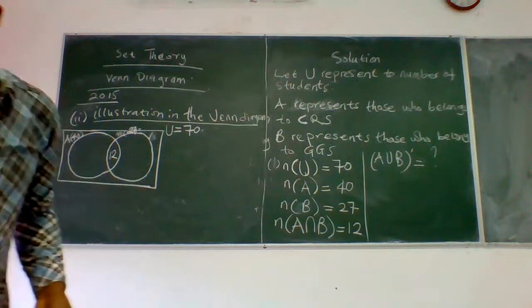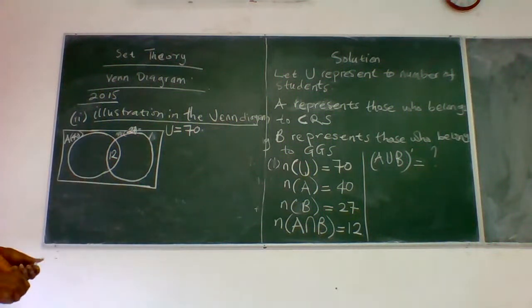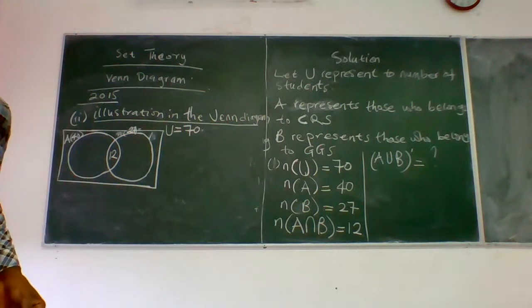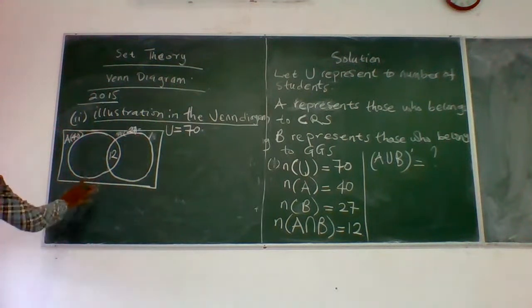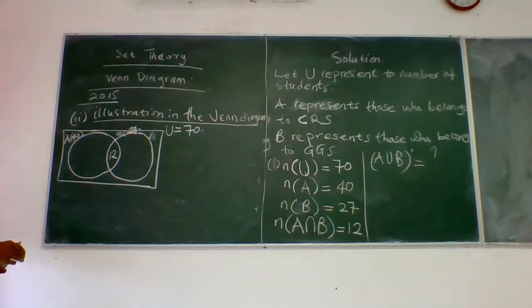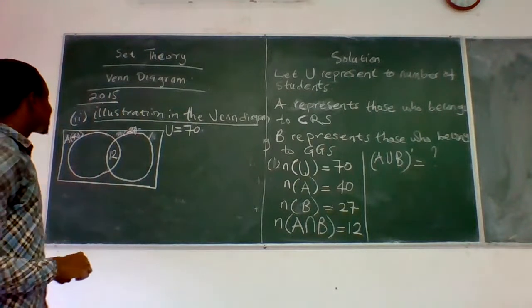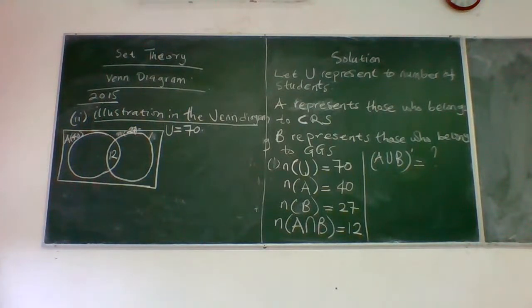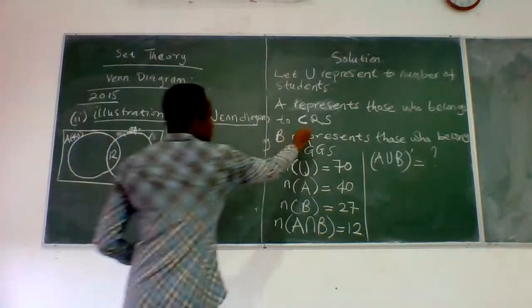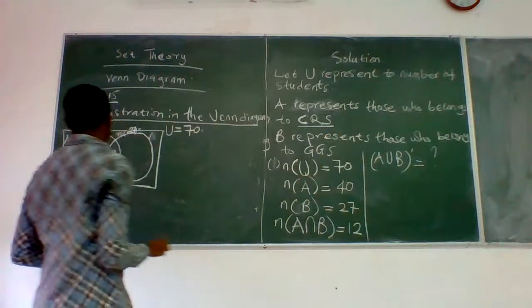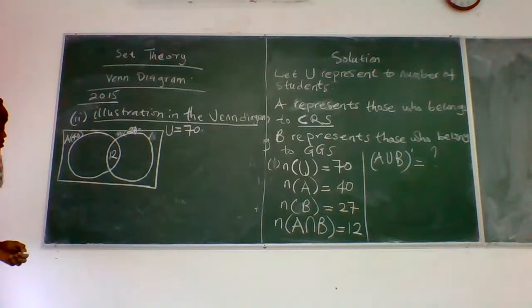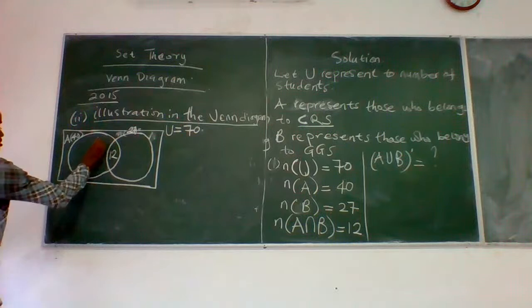This is how we represent it in the Venn diagram. The next question is, we have to find the total number of students that belong to only A, only CRS. Only CRS means only this region.